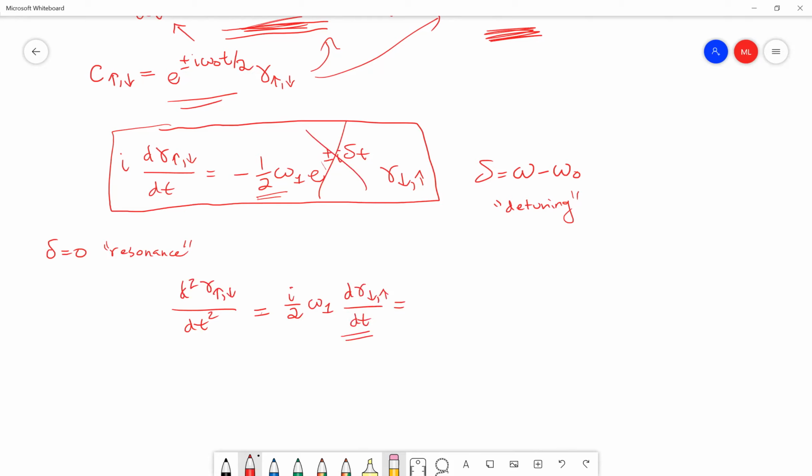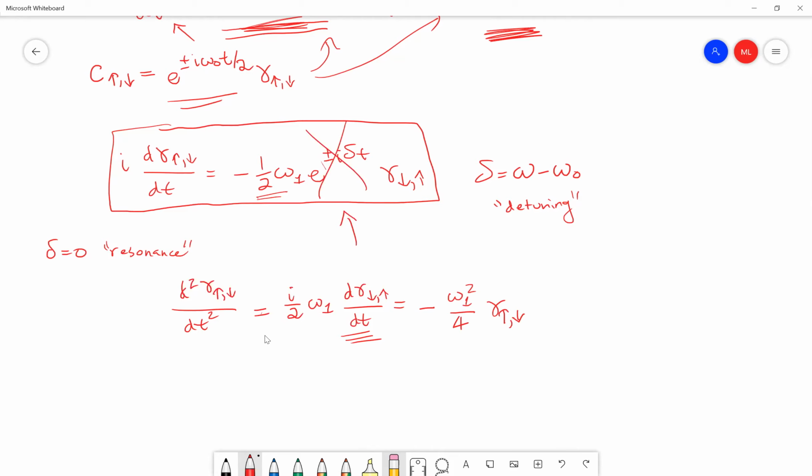And I can substitute in our original equation up here for this. And that'll give me another factor of omega 1 and another factor of i. And so what I get is minus omega 1 squared over 4, and then it's gamma up, down. The directions flip again, so I just substitute this equation back.